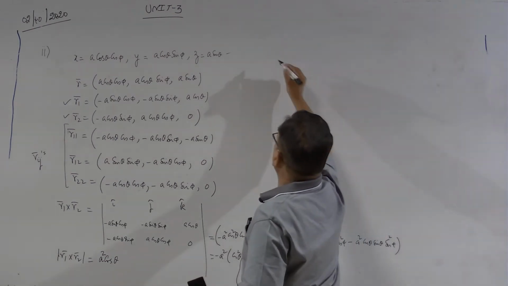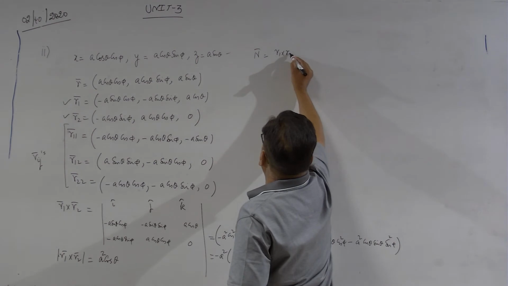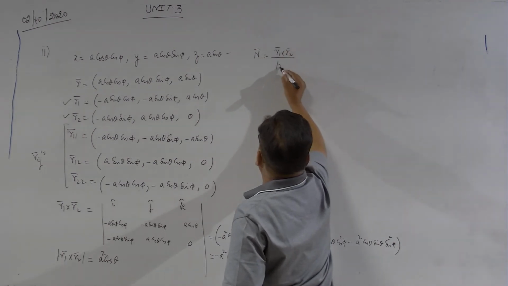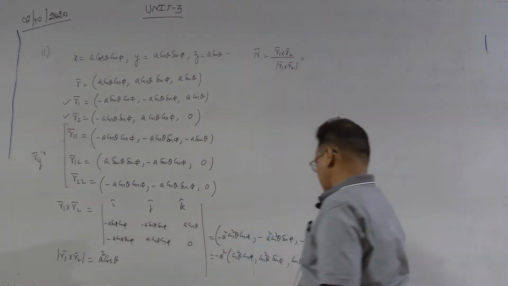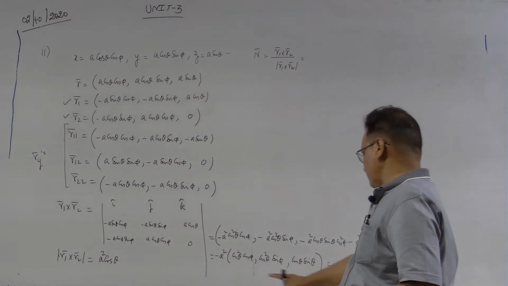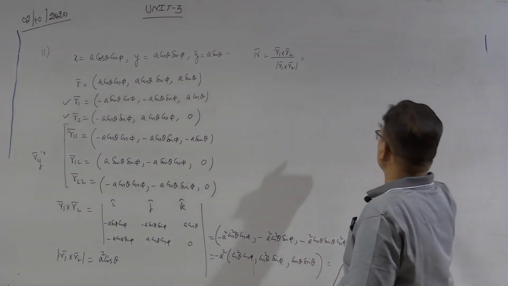So, when you divide this by A square cos theta, you can get n. So, from here n comes out to be R1 cross R2 upon modulus of R1 cross R2, that is, this has to be divided by A square. So, this will go, and cos theta means just cos theta.